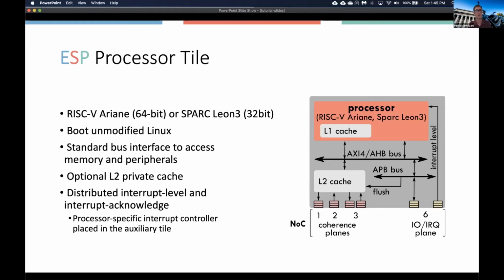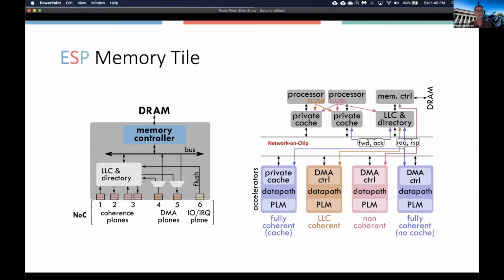In this case, obviously, we need a little bit of customization for interrupts, for example, because that is a very processor-specific component. In the memory tile, we have the partitions of the last level cache, and we have the other portion of the DMA controller that allows us to access directly a DRAM controller, if available, or a link that goes through FPGA.